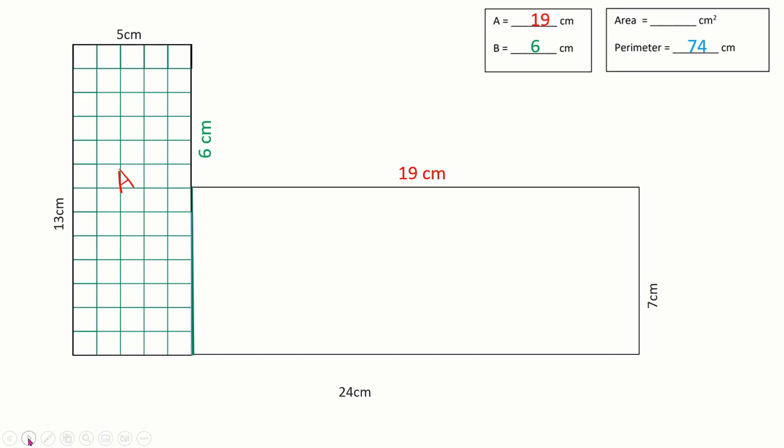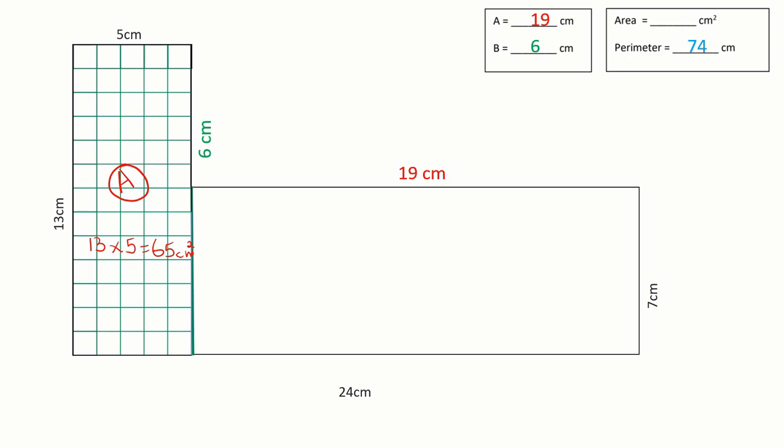But why would I draw them all in? There's a quicker way of doing this. What's the quicker way? The quicker way is 13 times 5 is 65 centimetre squares, and I put a little 2 up there to show it's centimetre squares. Okay, so that's the area of section A.